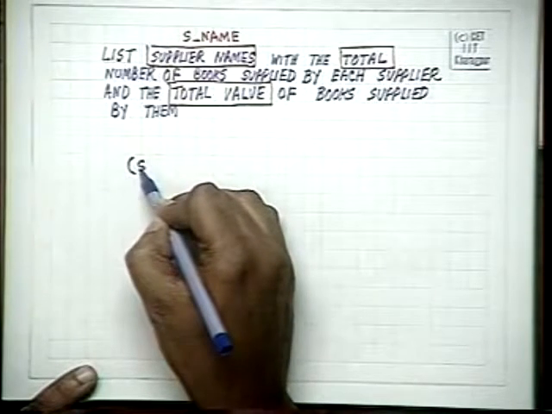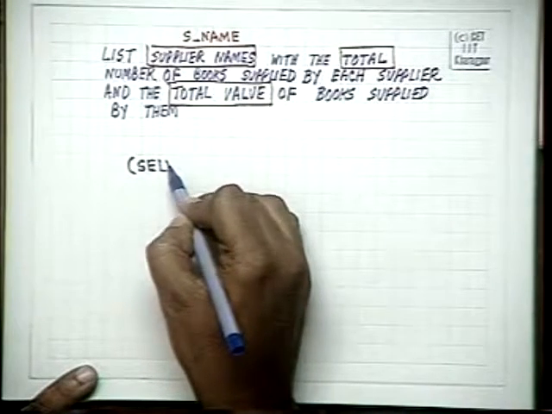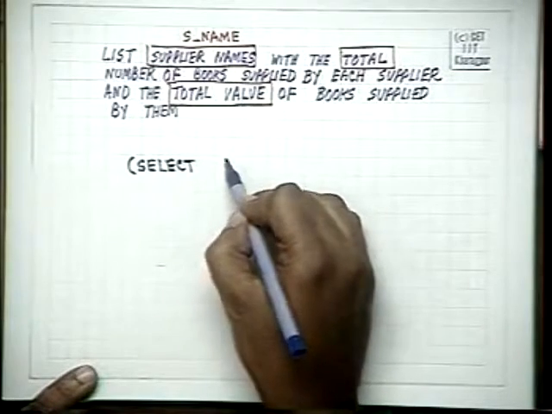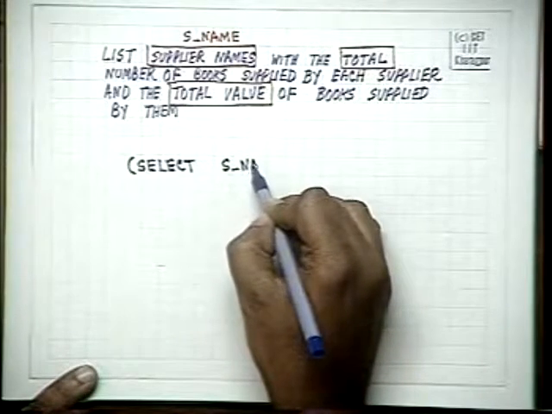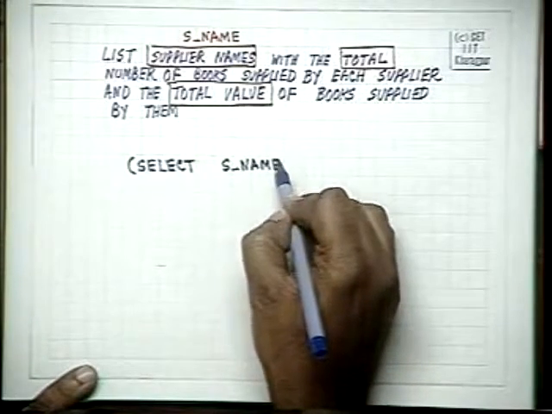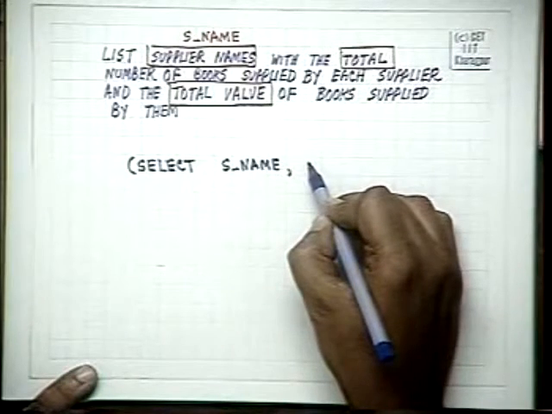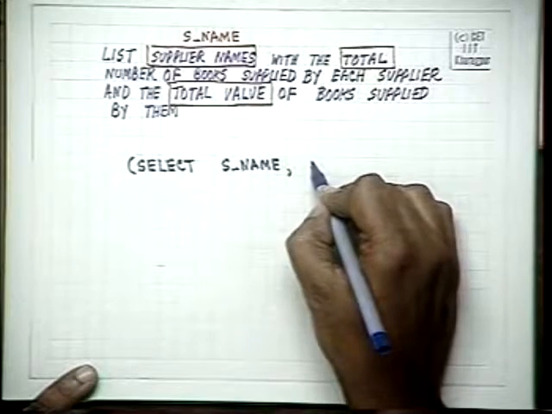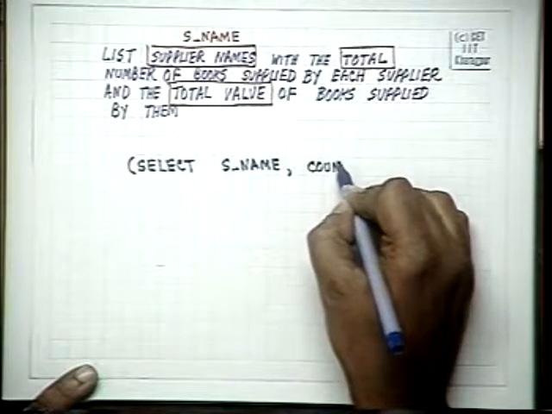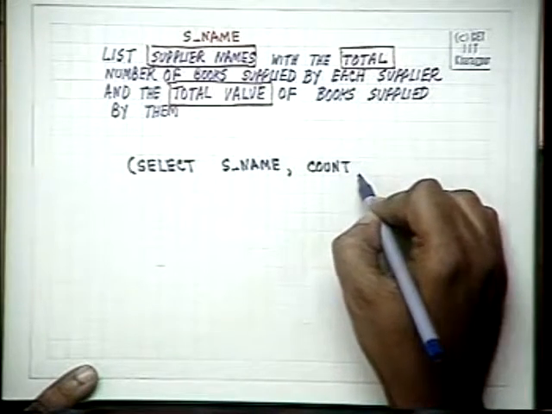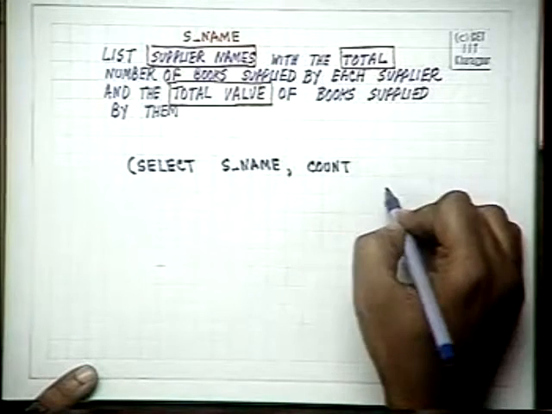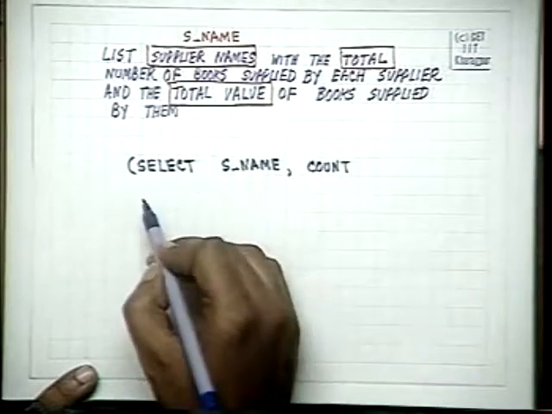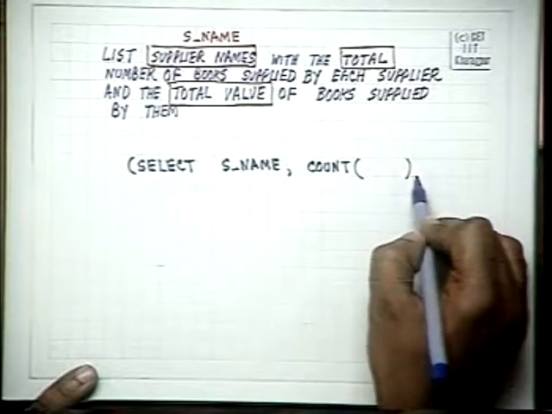So this is a reasonably simple query. Select S name, comma, count. We can put in accession number here because we are going to count the accession number, and we are going to group by supplier name.